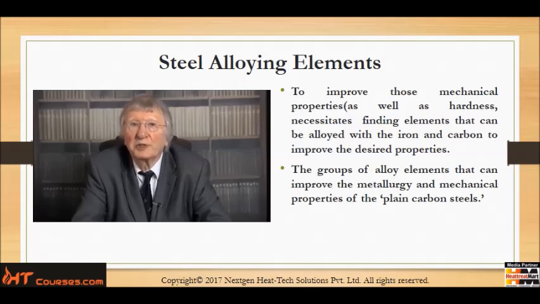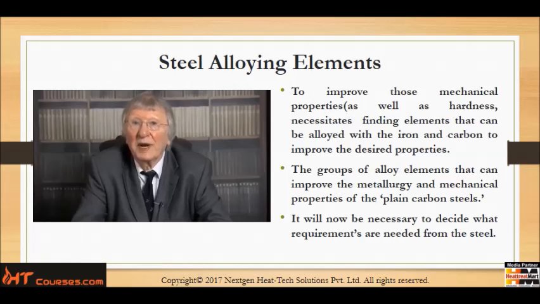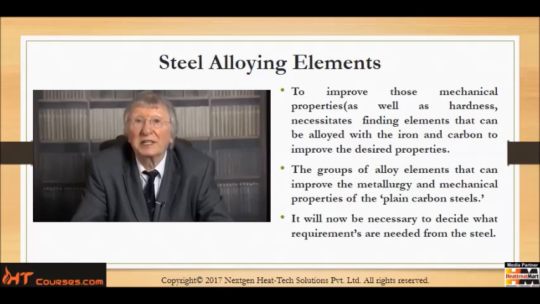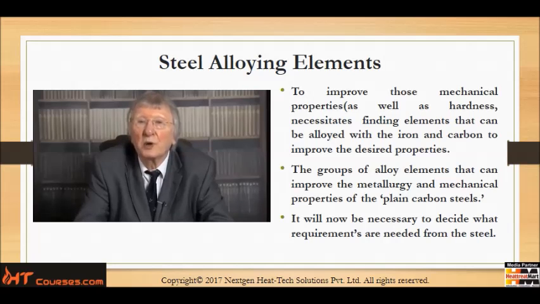The groups of alloying elements that can improve the metallurgy and mechanical properties of what we have seen as the plain carbon steels. And it will now be necessary to decide what requirements are necessary and needed from the steel.